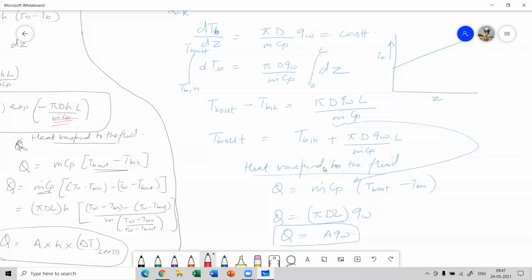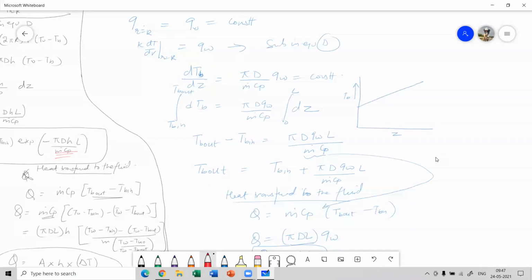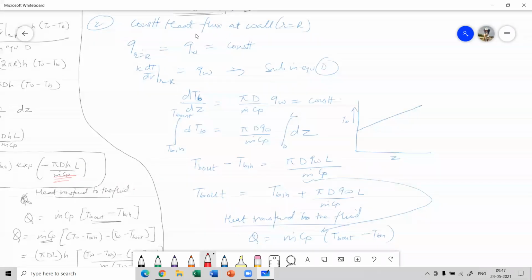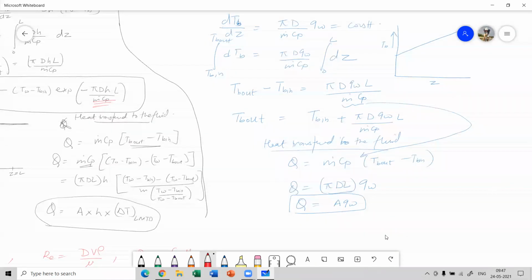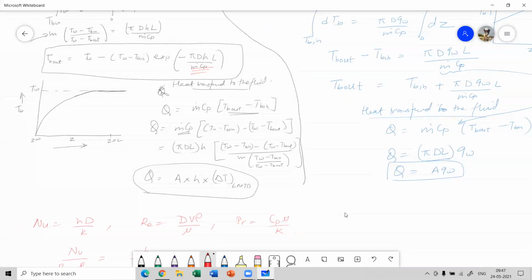Whereas in the case of constant heat flux at the wall, that is at R equal to the wall of the pipe, there is a constant heat flux condition. So the bulk temperature, or the temperature of the fluid flowing in the pipe, varies linearly along the length, and the expression is given by this. Now, this is what we determined last time.